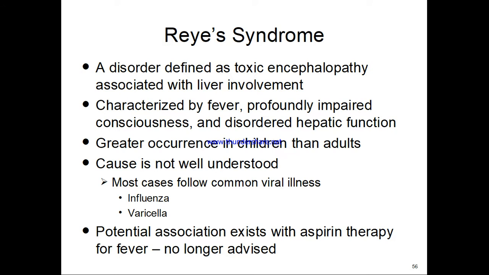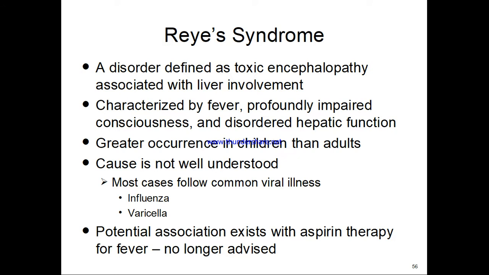Reye syndrome. Reye syndrome is a disorder defined as toxic encephalopathy associated with liver involvement. It's characterized by a fever, profoundly impaired consciousness, and impaired liver function. It occurs more often in children than in adults.